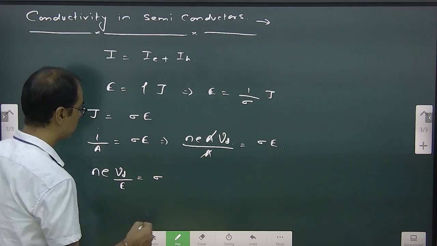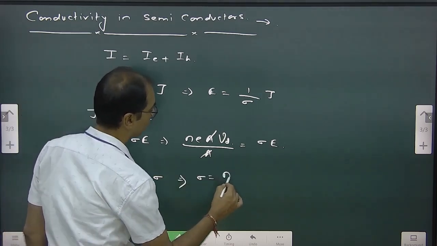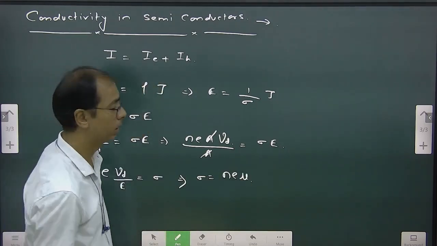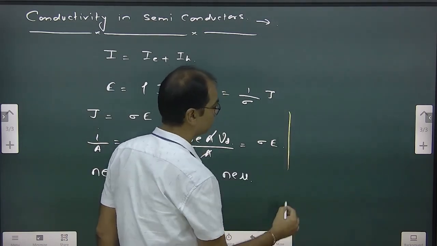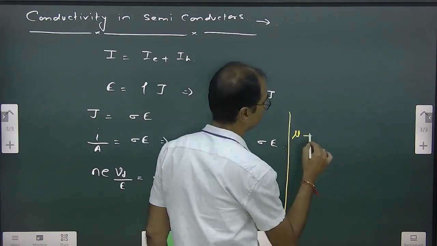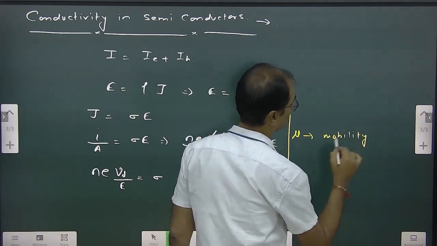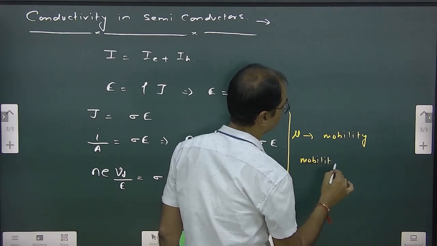So the sigma value that we are getting is n e mu. What is mu? Mobility. Mu is mobility of the charge carrier per unit electric field.